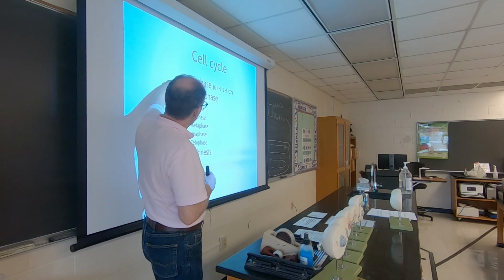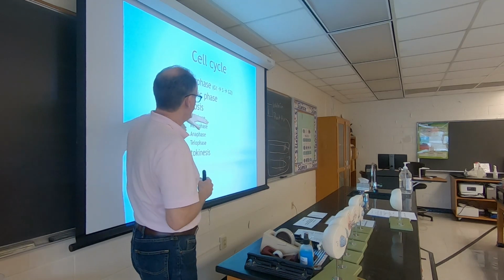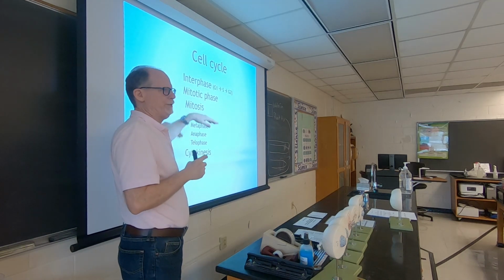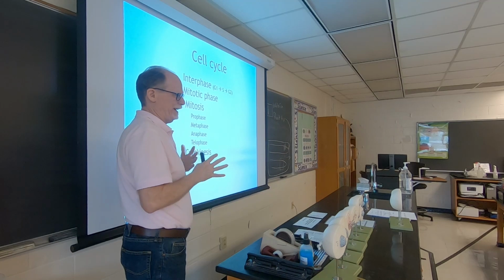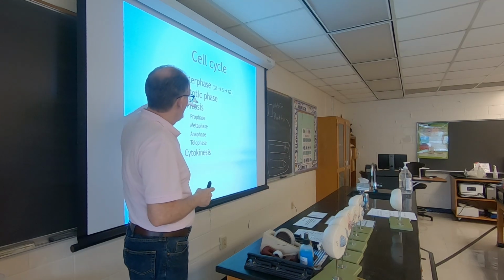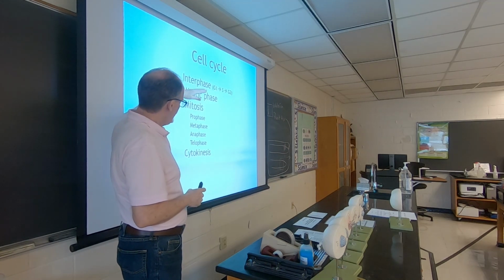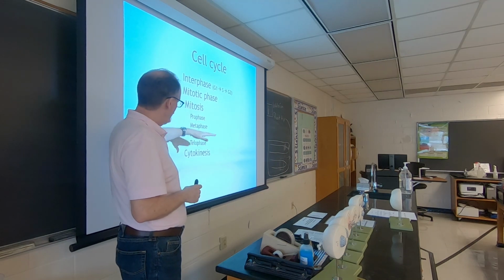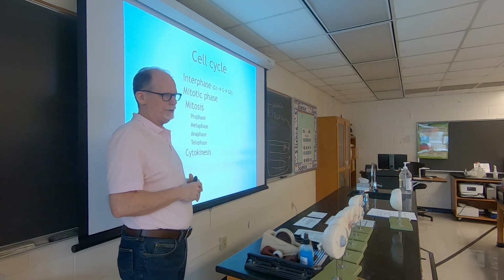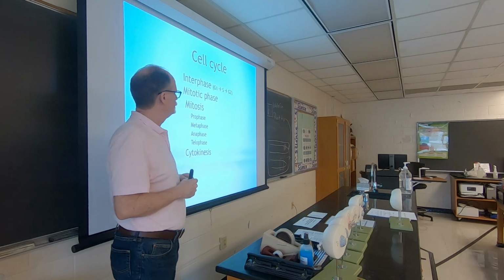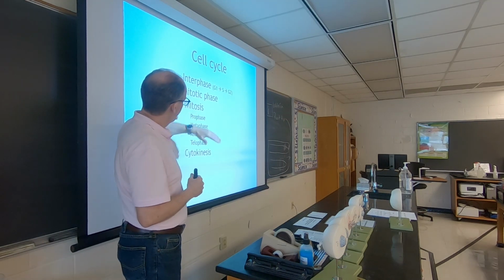Then when you get done with those phases, you enter the mitotic phase. The mitotic phase is about 2 to 3 hours, something like that. It's probably different for different cells. And then there are 2 main parts to the mitotic phase, mitosis, and at the end you have cytokinesis, but they belong under the mitotic.